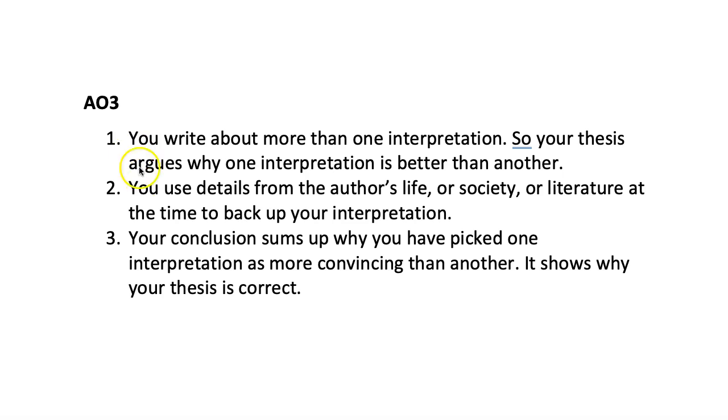And as you can see at the beginning of AO3, you write about more than one interpretation. So your thesis argues why one interpretation is better than another. Yes, so by the end of your essay, you're going to say whether Shakespeare agreed with the arranged marriage that his contemporary audience would have seen as wise, or whether he uses the play to attack it and say, actually, if they'd been allowed to marry for love, their lives would have ended happily and the families would have been reunited that way.